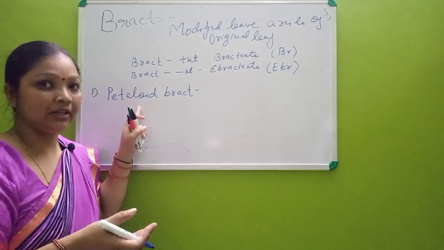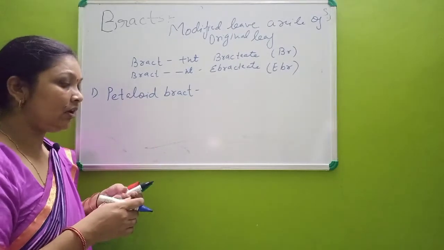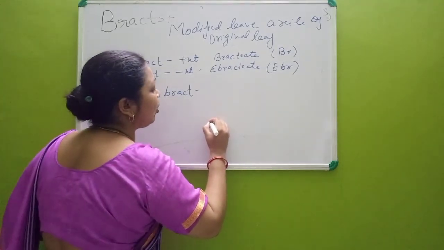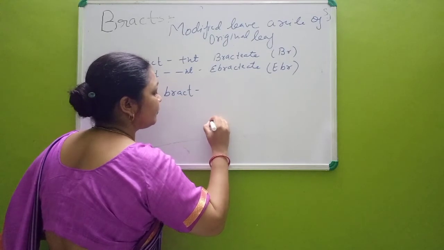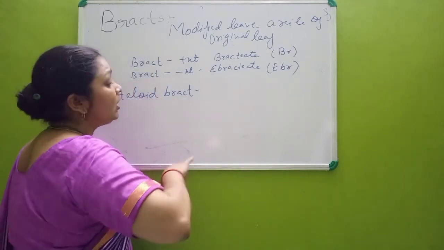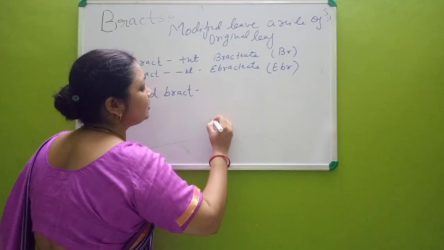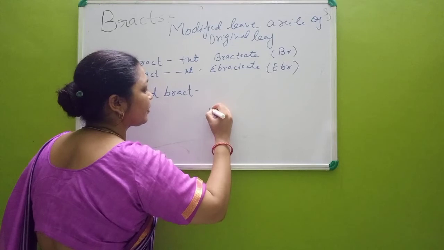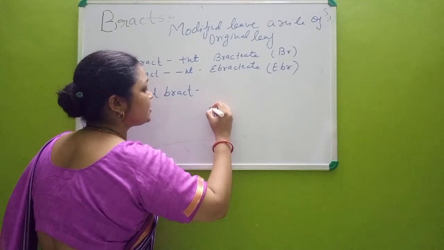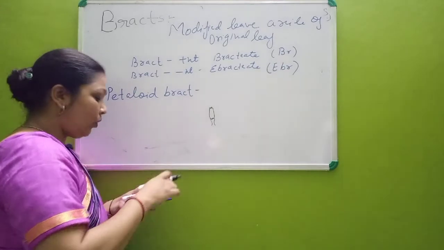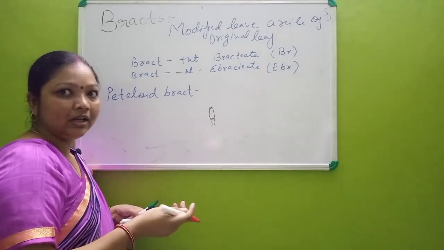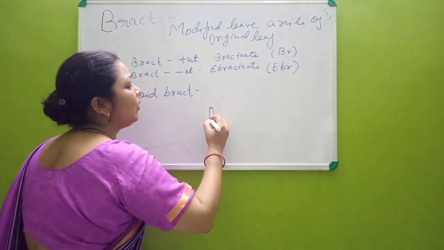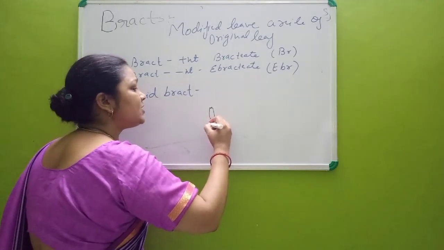the flower of bougainvillea. The flower of bougainvillea is actually brown in color and inconspicuous. Inconspicuous means it is not able to attract insects. Suppose this is the thalamus and this is the flower. A red or yellow colored leafy structure, as you saw in different types of bougainvillea, covers this flower.